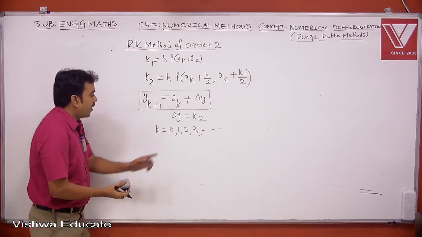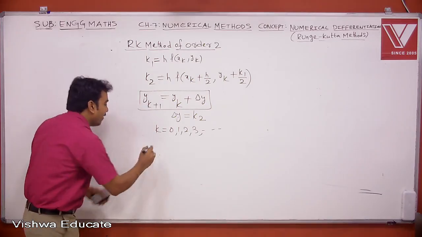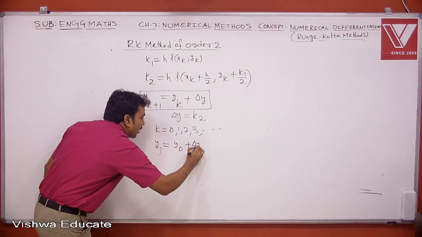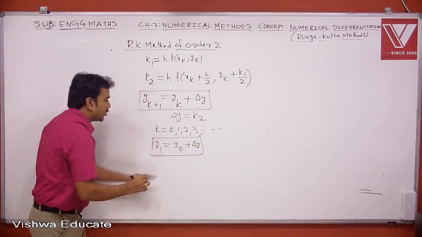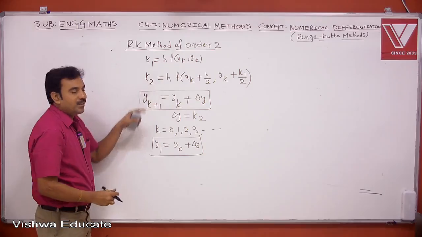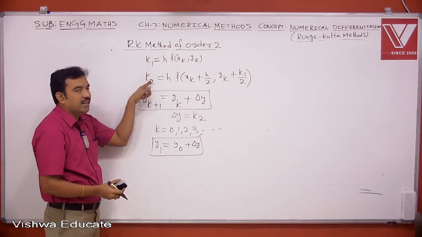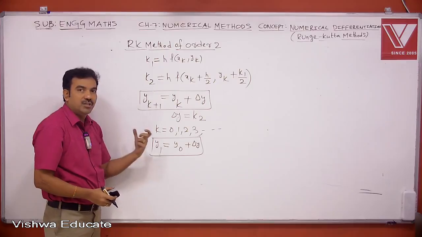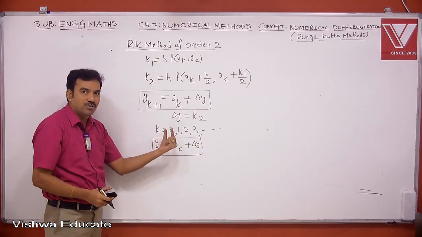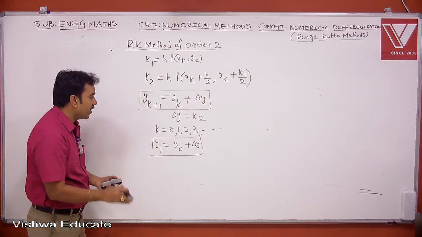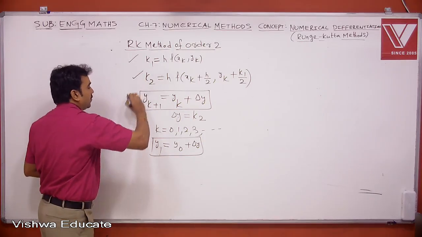That means when k is 0, what I get is y1 equal to y0 plus delta y. But actually delta y is k2. So k1 is required for k2. Therefore in every iteration we need to find k1 and k2. Of course you change the values of k from 0 onwards. Therefore this is called RK method of order 2. Okay. So note these points.